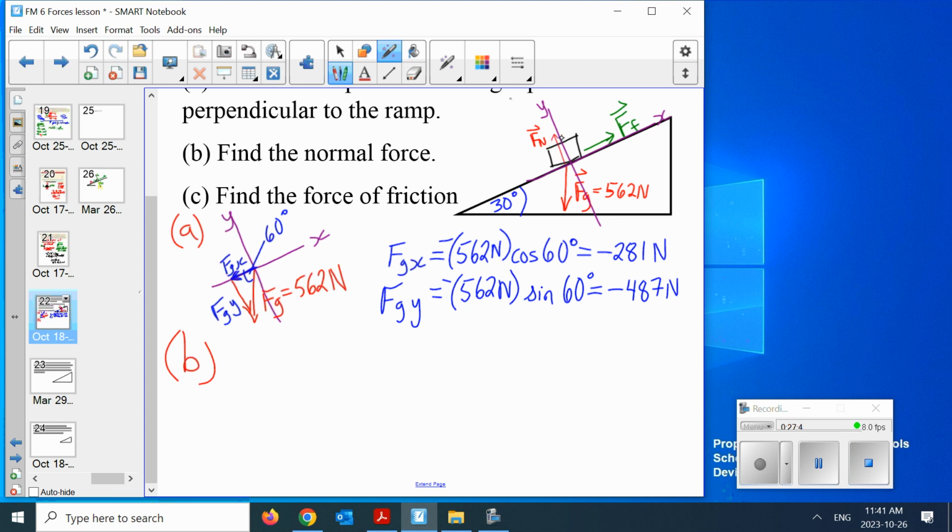Do you see that the normal force will be equal and opposite to the y component of the weight force, the gravity force? Because that's perpendicular to the ramp. So the work is already done, it's just recognizing. Fn is equal to positive in this case, 487.